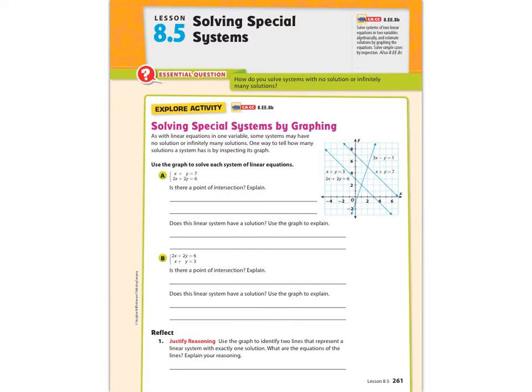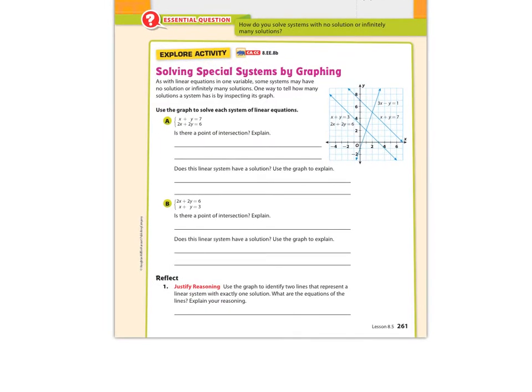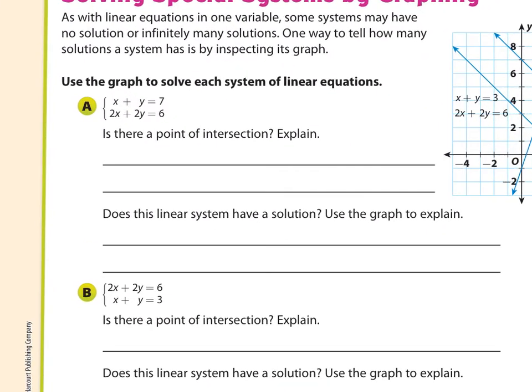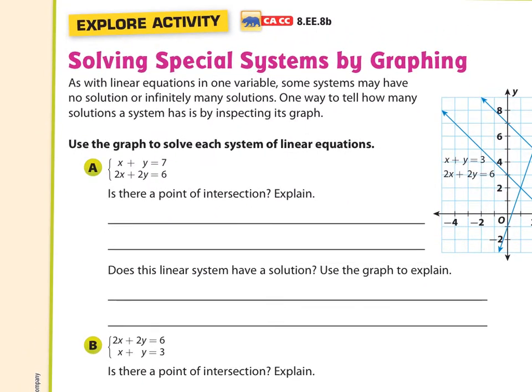So if we look at this explore activity, we have some sort of difficult equations to graph, but I'm gonna help you with it. We've got x plus y equals 7. I'm gonna write it on these lines here just so we have some space. This is not in the y equals mx plus b form.